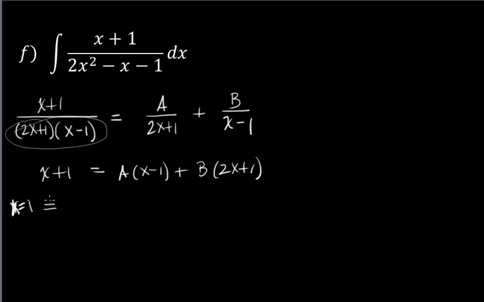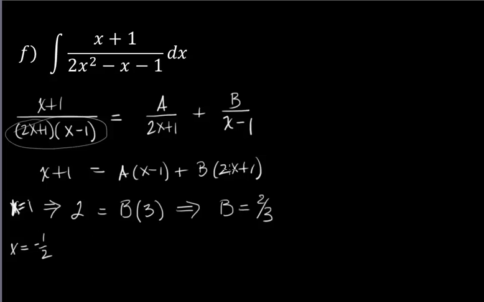If x were 1, this statement is true, so 2 would be equal to a times 0 plus b times 3. So this would give us b is equal to 2/3. And let's see, another handy value would be x equals minus 1/2. If x is minus 1/2, then when we plug it in, the b term will go away and we can solve for a.